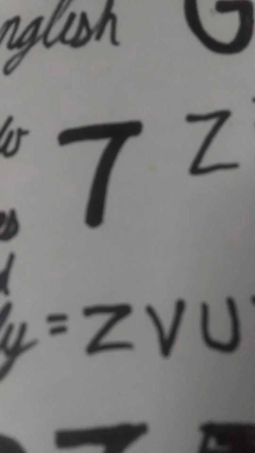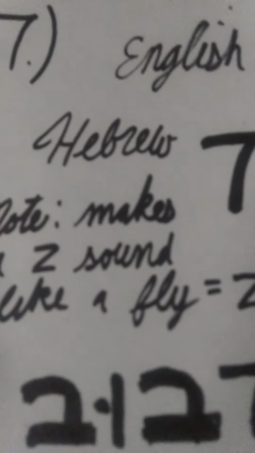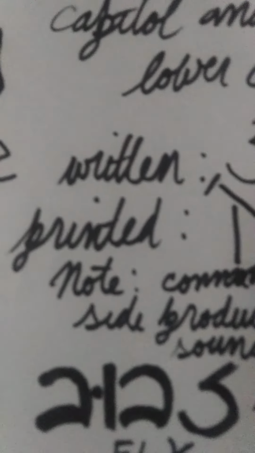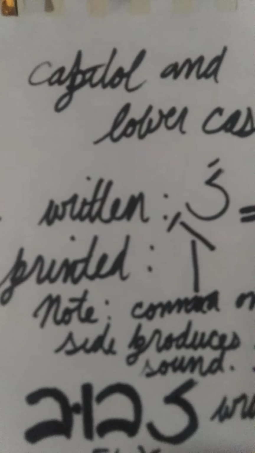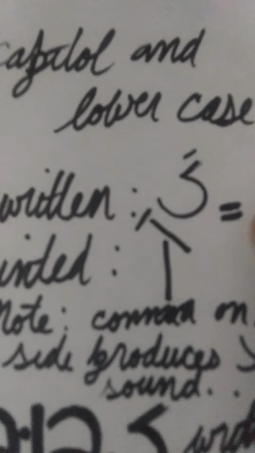That's the printed form of it. So, let me go over here. Oh no, okay, so the written form is right there. And then there's the printed form right there. See?